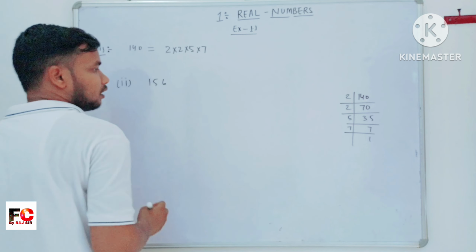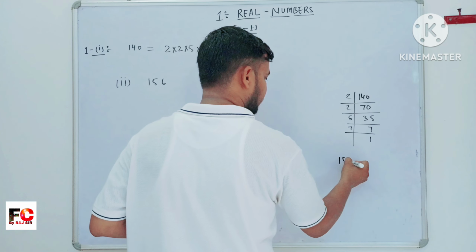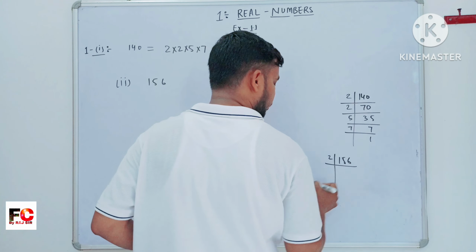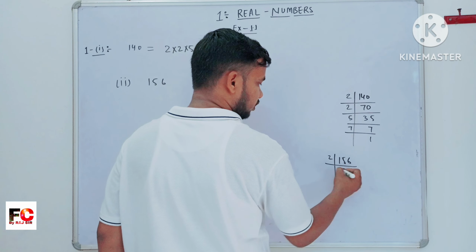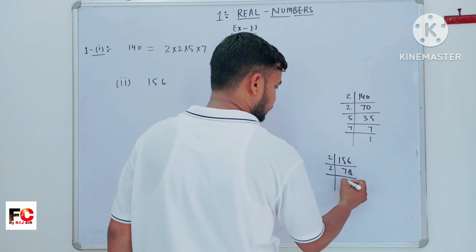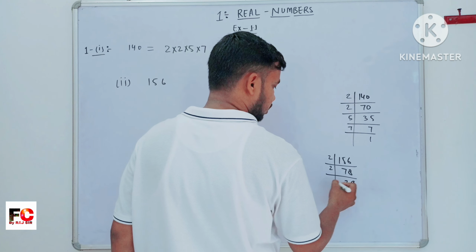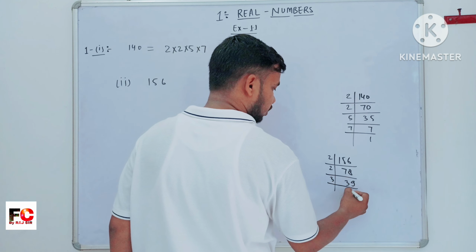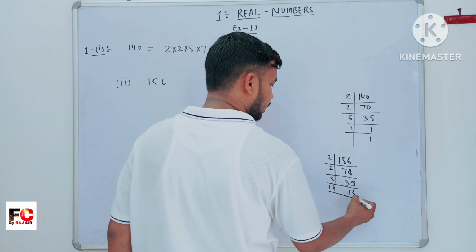156. Okay, 156 is divisible by, first of all, 2. How many times? 78. Okay, again 2 3 times 39, and then 3 13 and 13 1 times.